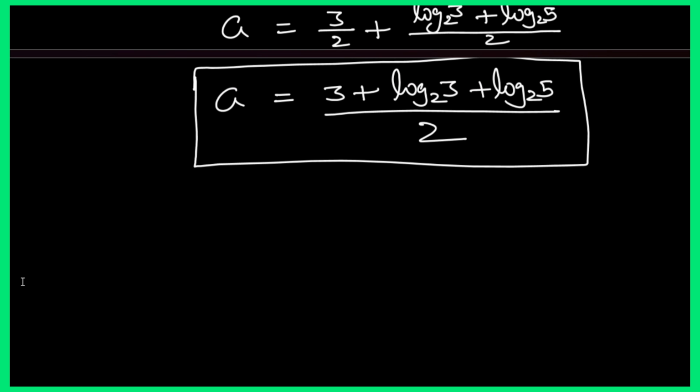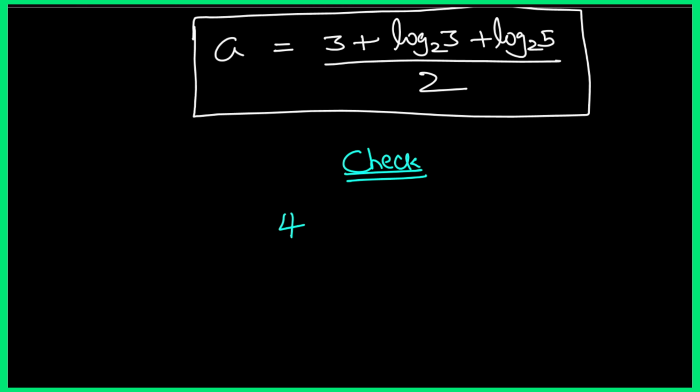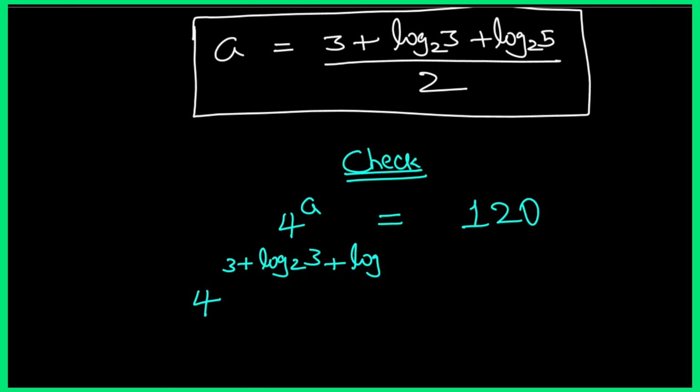Now let's check it. Our equation was 4 raised to power a equals 120. Putting the value of a, it becomes 4 raised to power (3 plus log 3 to base 2 plus log 5 to base 2) over 2 equals 120.